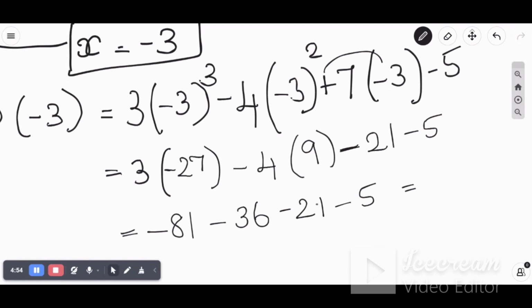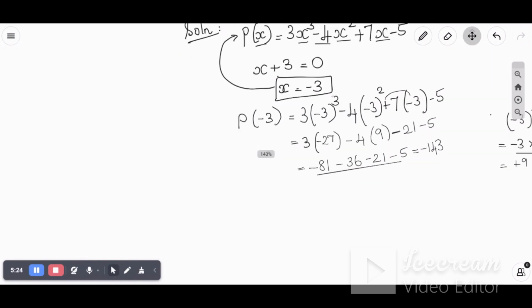So these all things you have to add together. 6 plus 1 is 7. 7 plus 1 is 8. 8 plus 5 is 13. So that is the 13. And 1. 8 plus 1 is 9. 9 plus 3 is 12. 12 plus 4 is 14. So the answer will be 143. And one thing we missed here: we have to put the minus symbol because all these numbers are negative. The answer will be minus 143.